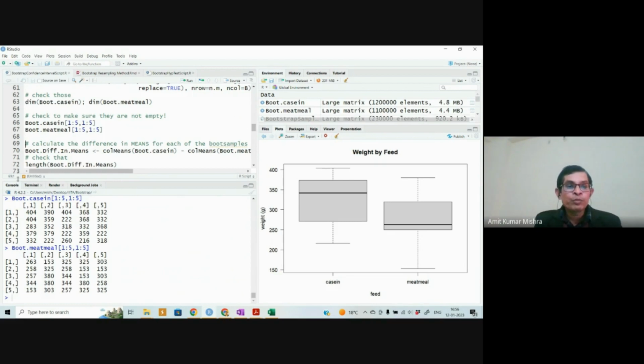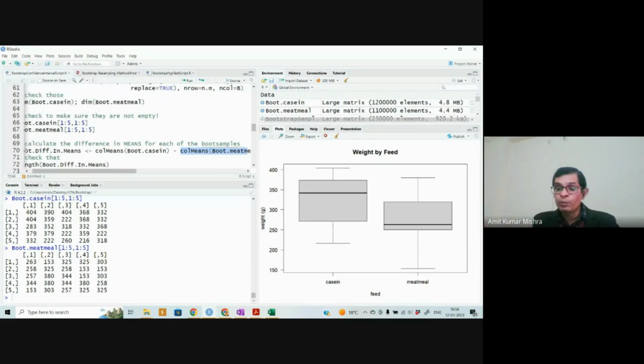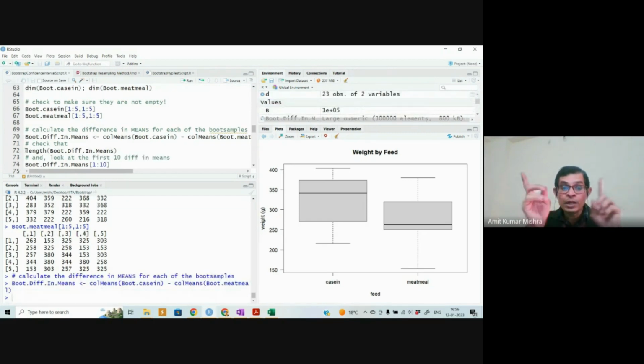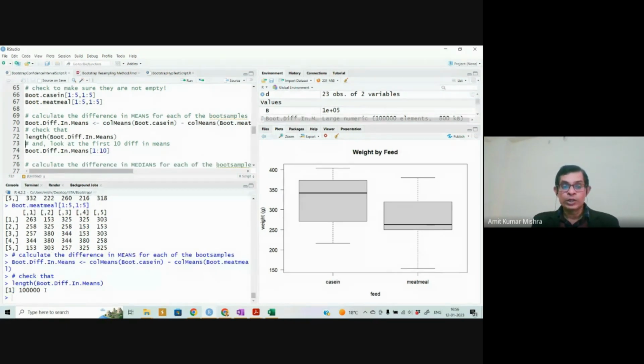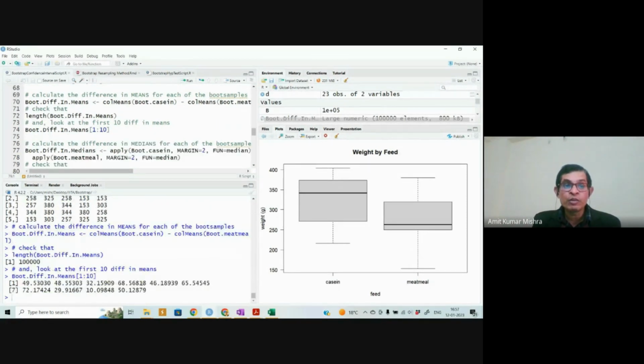You can do it with the help of the colMeans function. It will give you the mean of boot.casein minus the mean of boot.meatmeal. That means for each column, for each resample, it will give you the difference. Length 10,000, so you have 10,000 differences. If I want to see the first 10, these are the first 10.